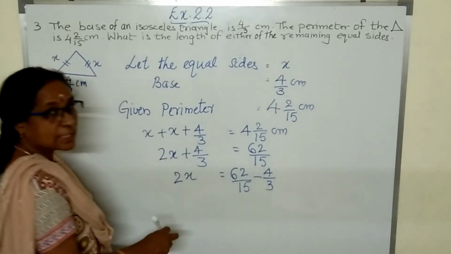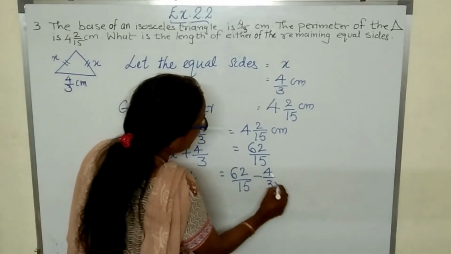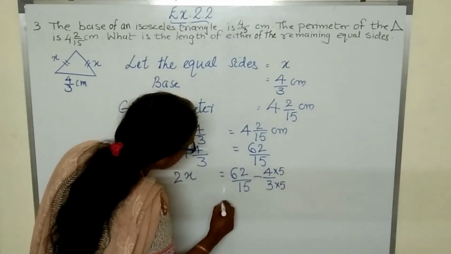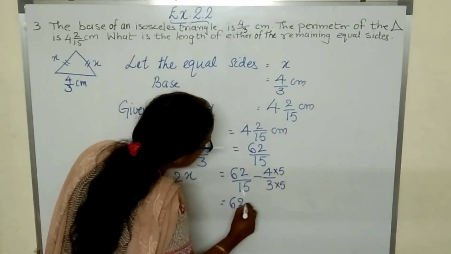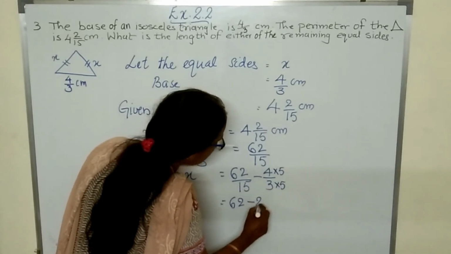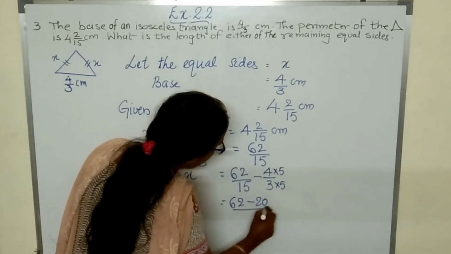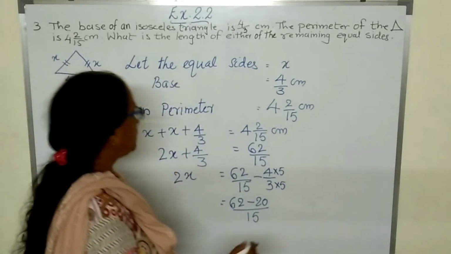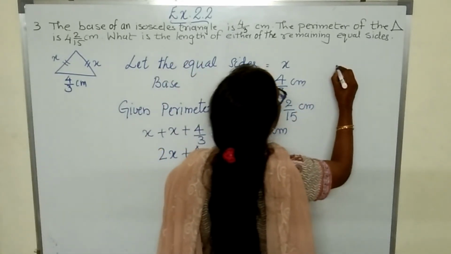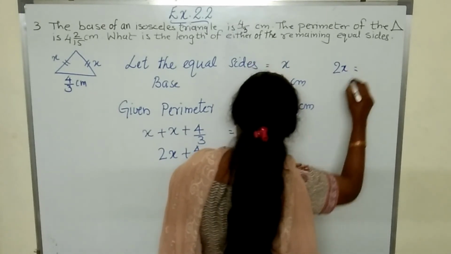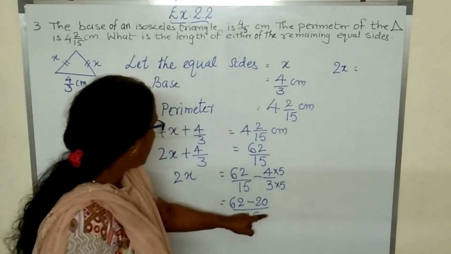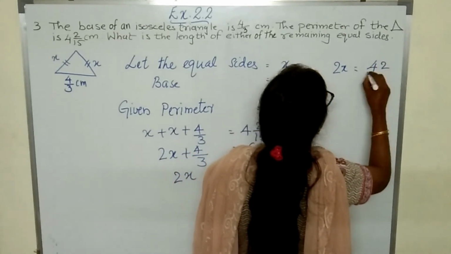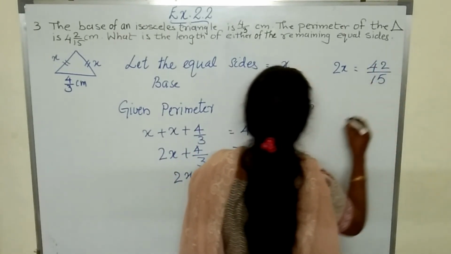So 3 5s are 15, so multiply here by 5. What would you get? 62 minus 4 5s are 20 upon 15. So when you subtract, you get 2x is equal to 62 minus 20, which is equal to 42 upon 15.